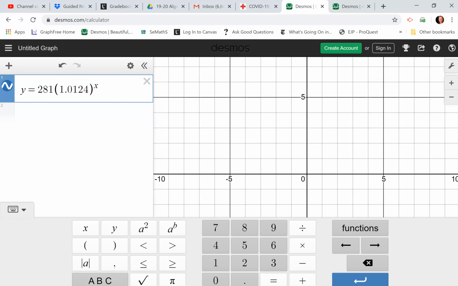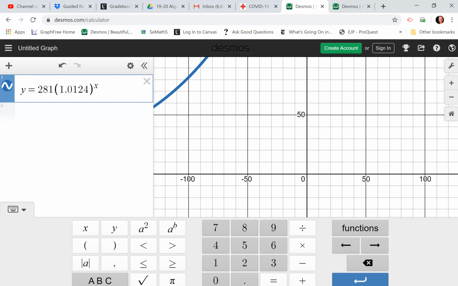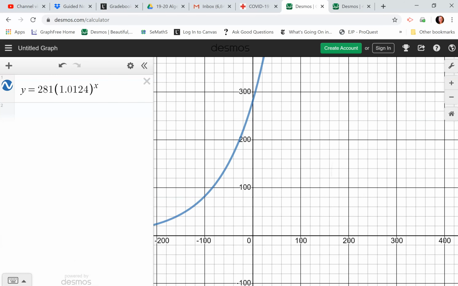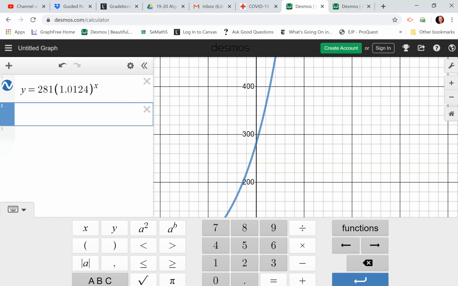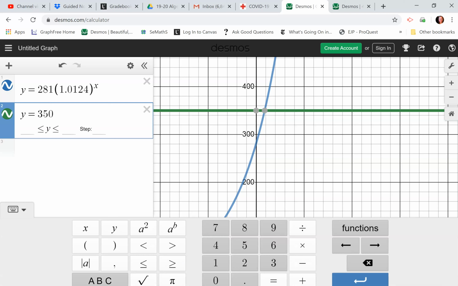All right, so there's our graph. I'm going to zoom out just a bit so we can actually see the thing. There we go. It was asking for when the U.S. population reaches 350 million. So I'm going to type in y equals 350 and look for the point where they intersect, and that's our answer.